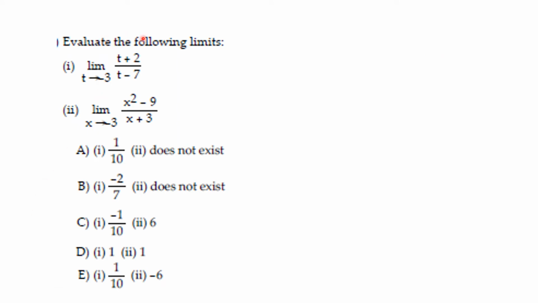Evaluate the following limits. Limit as t approaches negative 3 of t plus 2 divided by t minus 7, and limit as x approaches negative 3 of x squared minus 9 divided by x plus 3. For the first, we're just going to go ahead and replace every occurrence of t by negative 3.